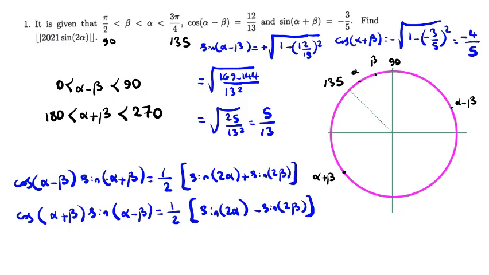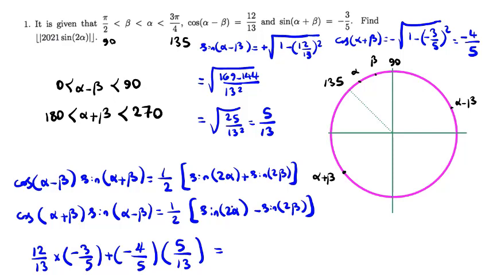And we know the product of the first part equals cos of alpha minus beta times sine of alpha plus beta. If we add up these two things, it will be 12 over 13 times negative 3 over 5, plus negative 4 over 5 times sine of alpha minus beta, which is 5 over 13.